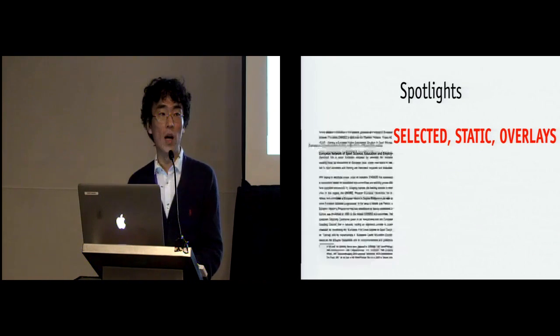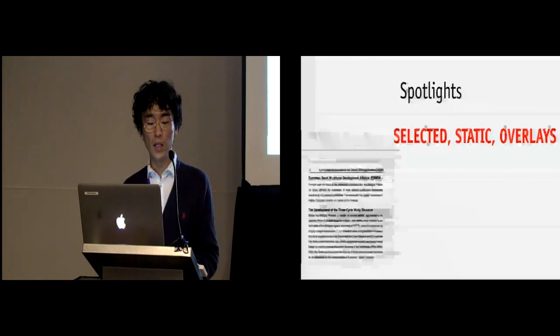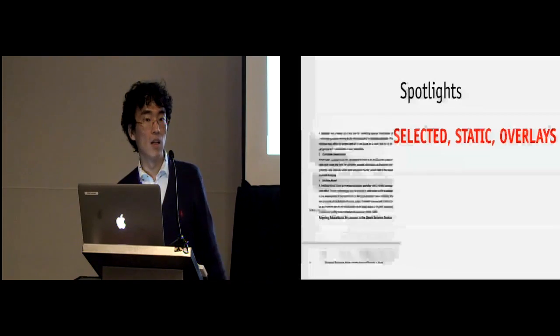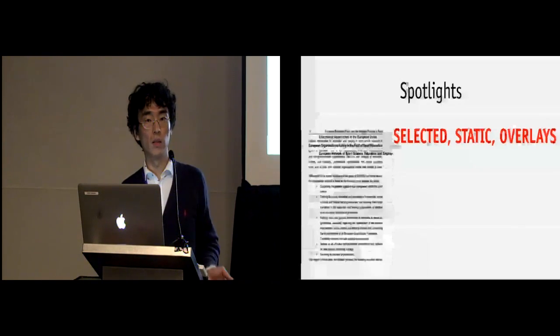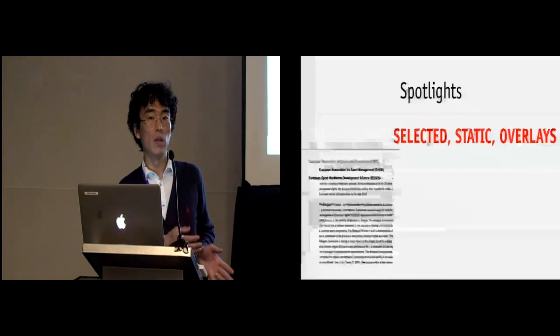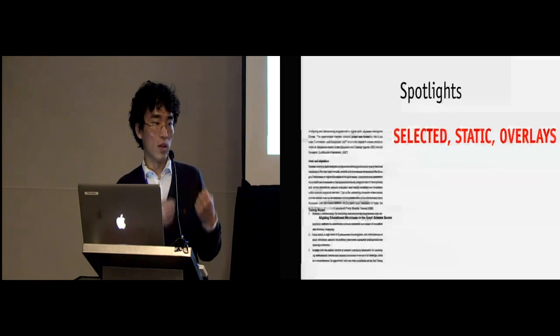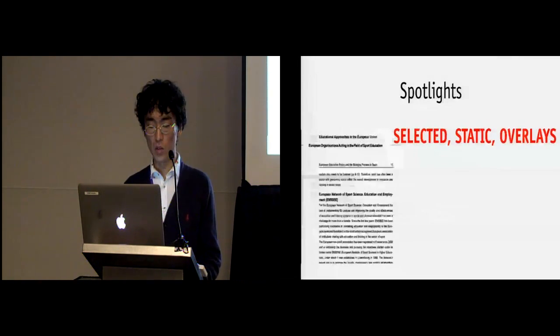And this is the final form of Spotlights. It uses selected, static, transparent overlays when you scroll down the document, so you can get enough performance for the visual selection.